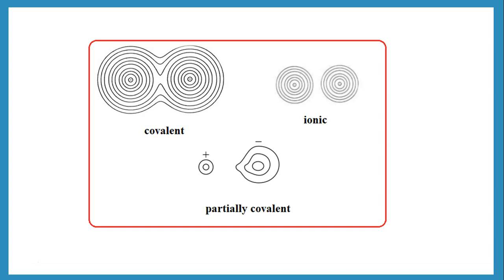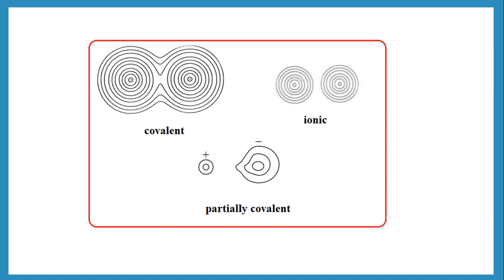So that means if I'm drawing an electron density map for covalent, they overlap. Ionic, they are separate, no overlapping of the contour lines. But sometimes the electron cloud around the negative ion is slightly attracted towards the positive ion.